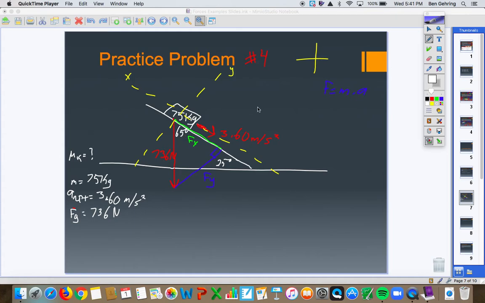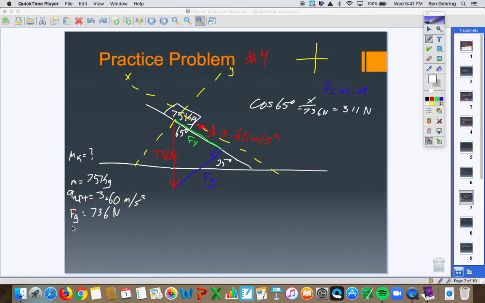So I know that the cosine of 65 degrees is equal to my adjacent, which is my x value, x over my hypotenuse, which is 736 newtons. So to solve for x, I would multiply 736 times cosine of 65 degrees. When I do that, I'm going to get a value of 311 newtons in the x direction.